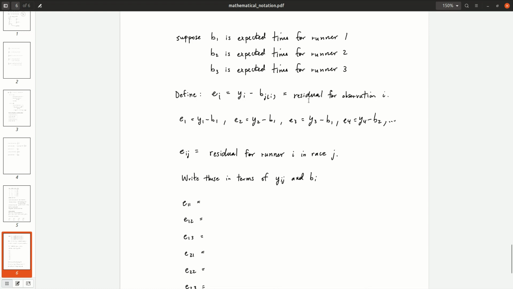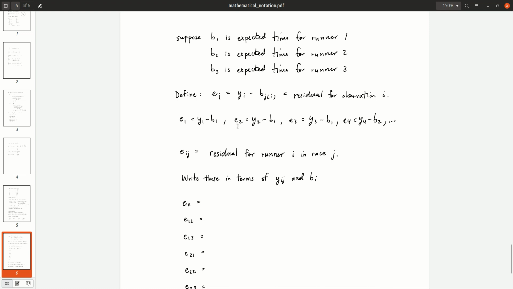So this is the residual for observation I. If we write this out in terms of our notation, E1 is the first residual. This is going to be Y1 minus B1. The Y1 is because it's the first observation. The B1 is because this came from runner 1.